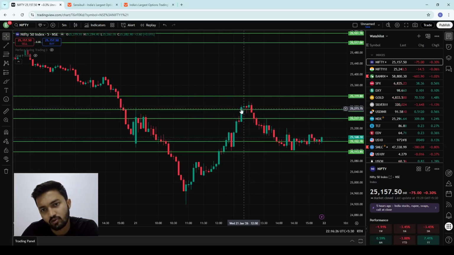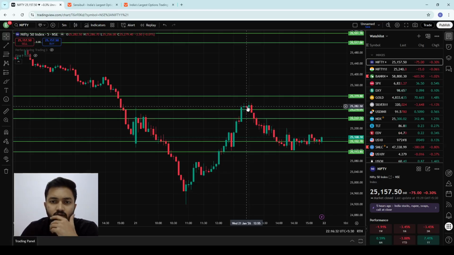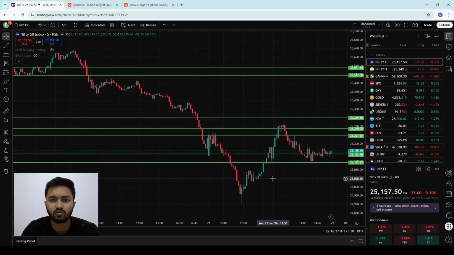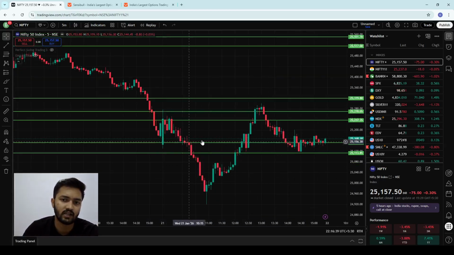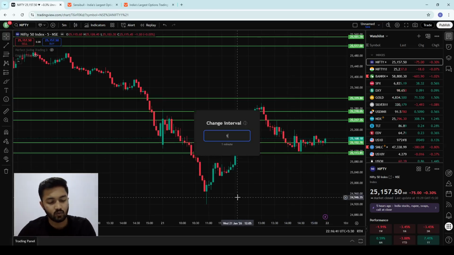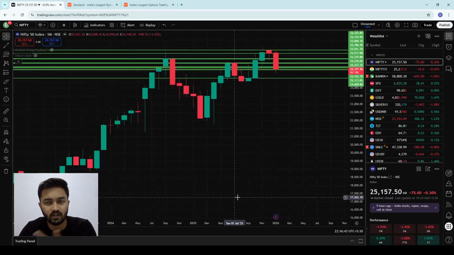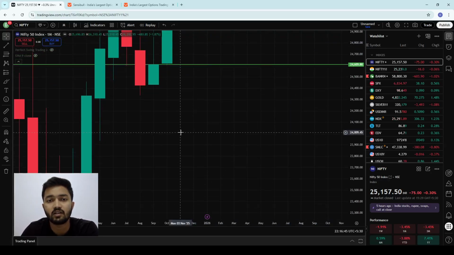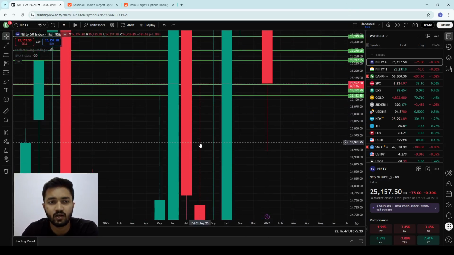Again, not able to sustain the resistance, and then not able to sustain the support. This was supposed to be support at 25,255 or something. Then again it went down. So you will get a perfect glimpse of where exactly it is heading towards, and where it can pause or reverse, if you analyze the charts on the monthly time frame.